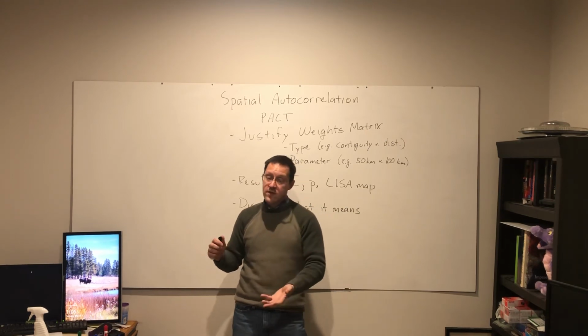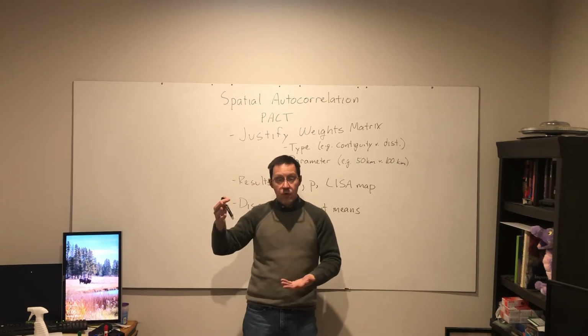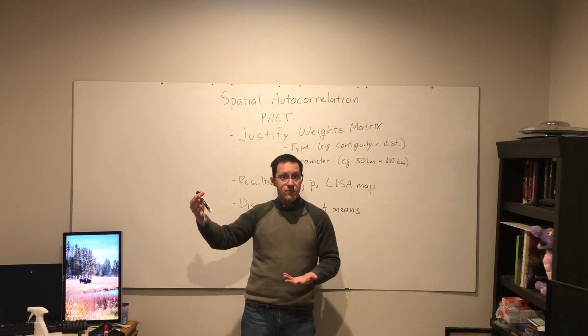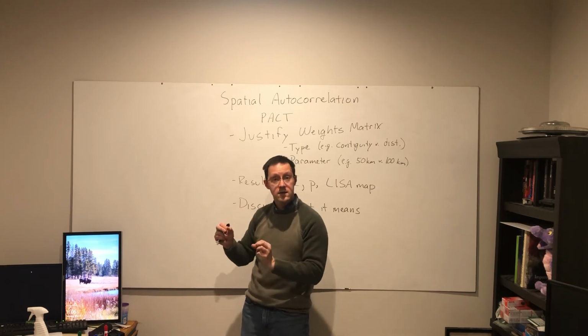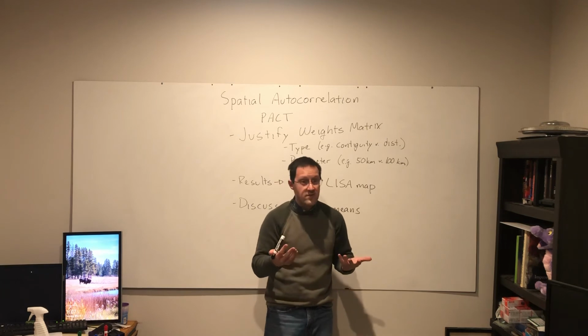Because especially for something like Moran's I, most people don't know what that is. I would be surprised if any of you have heard of Moran's I before this week. Maybe those of you who have taken other geography courses.